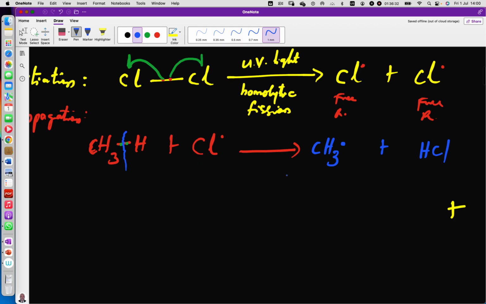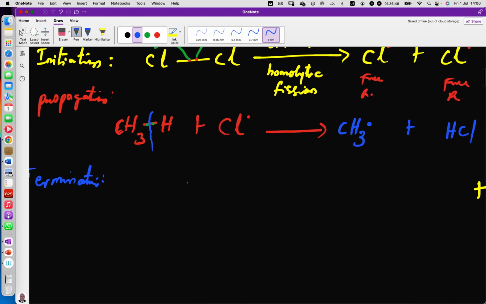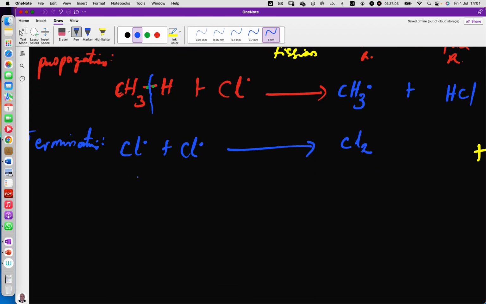Now, the last one is the termination stage. The third one is termination. At the termination stage, a free radical is reacting with a free radical. For instance, this is a free radical plus another free radical. The product is a chlorine molecule. Then this is another free radical plus another free radical.